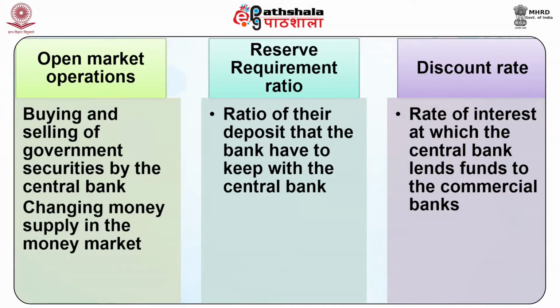It refers to the buying and selling of government securities by the central bank with the objective of changing money supply in the money market. An open market purchase by the central bank results in an increase in reserves and an increase in money supply. The sale of securities by the central bank results in a decrease in reserves and a decrease in money supply.